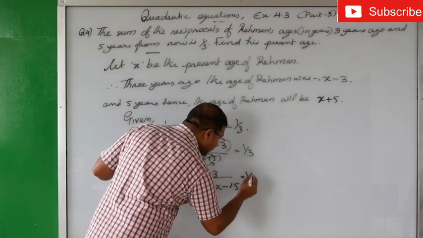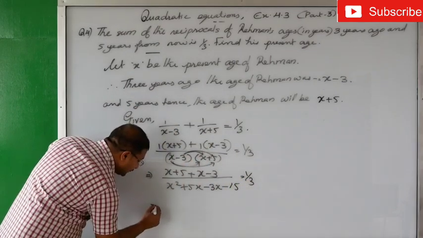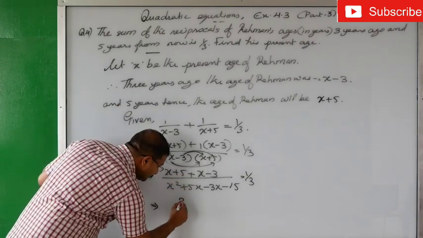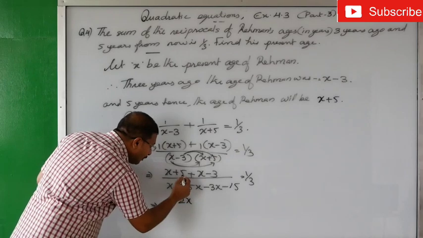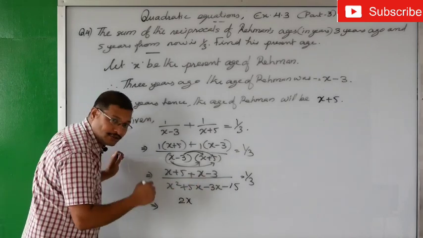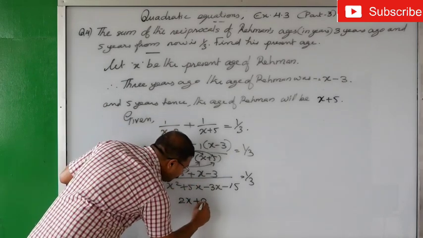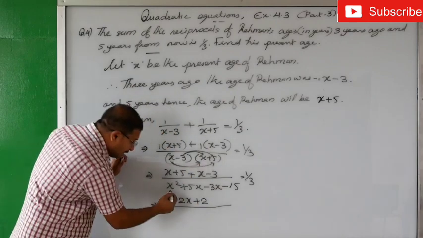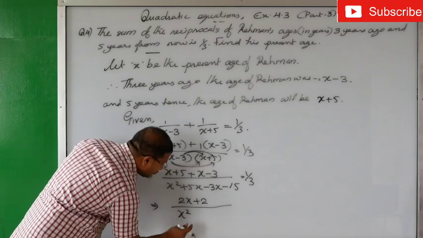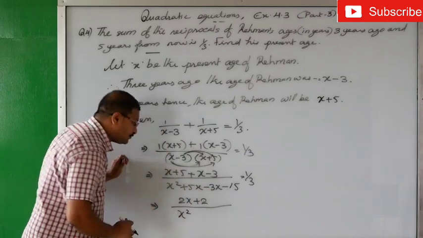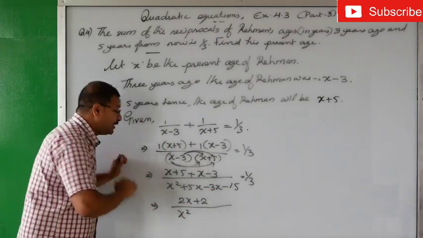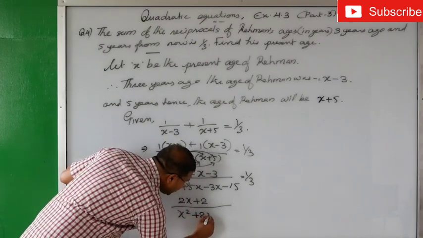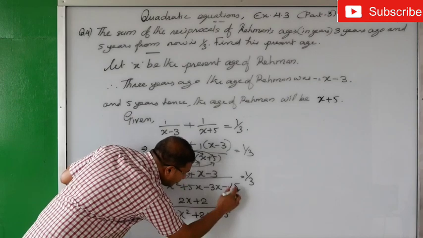Equals 1 by 3. This implies, see, x plus x, 2x. Now, 5 minus 3 plus 2, isn't it? So plus 2, divided by x square. Now, 5x minus 3x, 2x. So plus 2x minus 15 is already here.